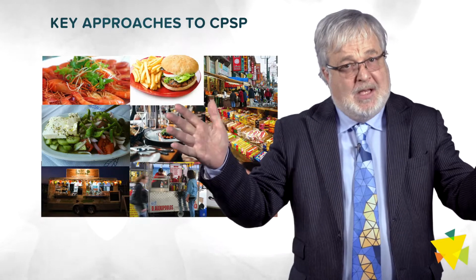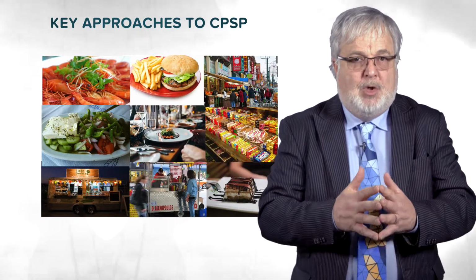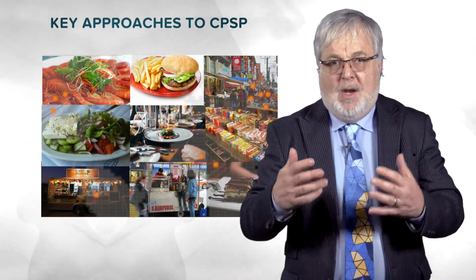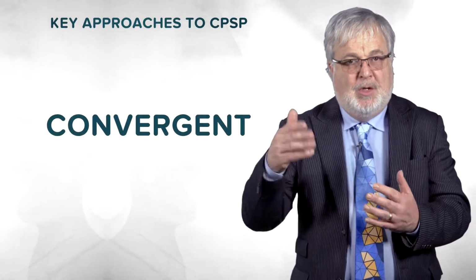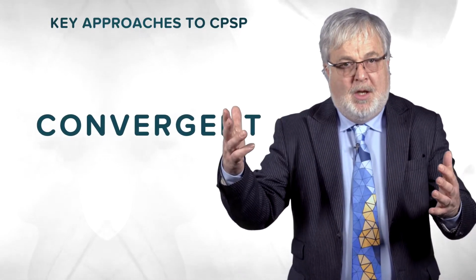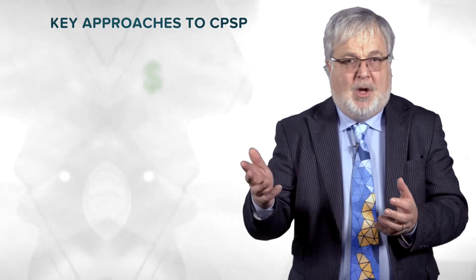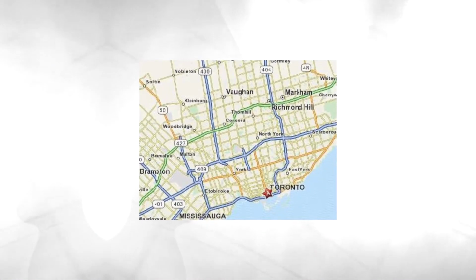Once you have this expansive list, you need to decide your criteria for selection. For example, budget, location, or you want to eat healthy. You then go through the convergence process, using this framework, these tools, to select from the longer list of options. For example, you might start off with budget constraints, $15 a person, creating a shorter list. Then you might choose location.